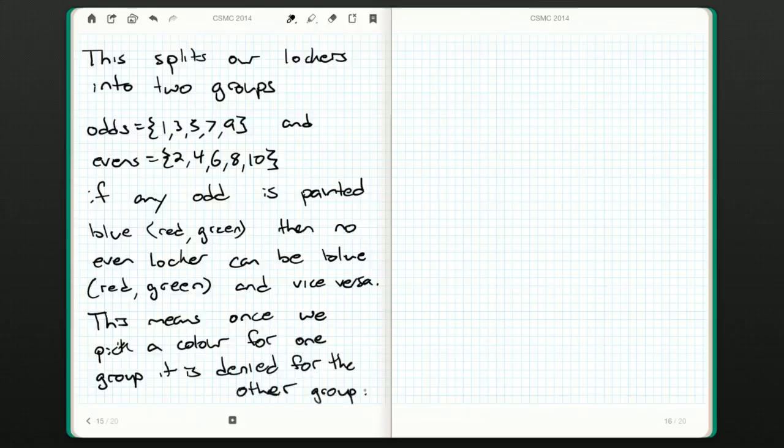All right, once we have one color for one group, the other group cannot have that color. So this leaves us with a couple options. So either we say, pick that the odds are all going to be red and then the evens are a mixture of blue and green, or maybe the evens are all green and the odds are blue.